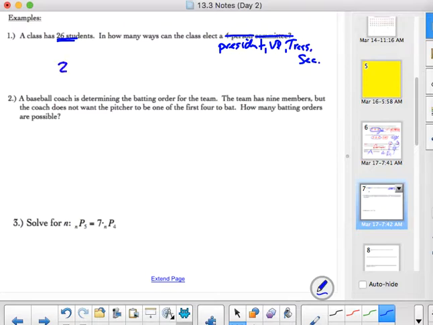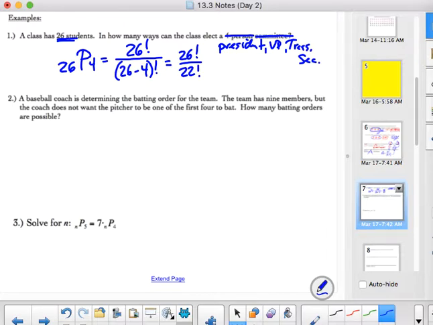So from a group of 26, we're finding the number of permutations, the ordered values, when those are taken 4 at a time. And so if we put this into our formula from the previous example, then we have 26 factorial divided by (26 minus 4) factorial, which is, of course, 26 factorial over 22 factorial.